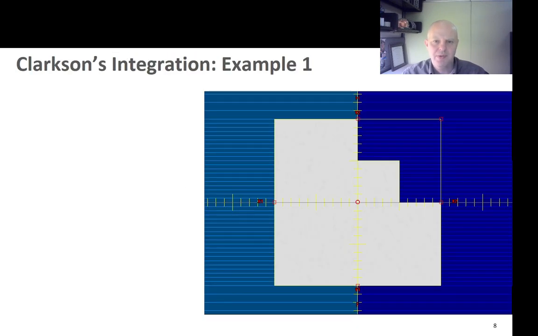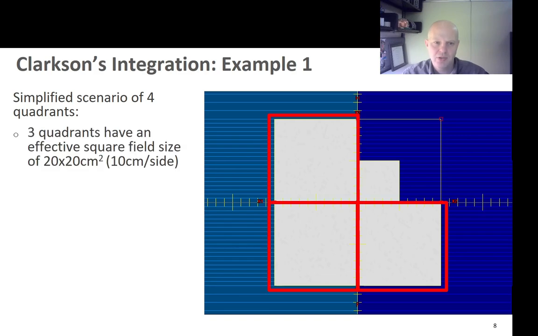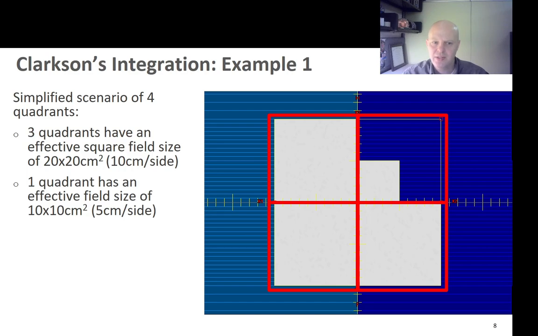Let's just look at a couple of examples. Here I've made a very simple example where we have 4 quadrants. You can see that 3 of those quadrants have an effective square field size of 20 by 20, so it's 10 cm on a side. And then the 4th quadrant has an effective field size of 10 by 10, so it's 5 cm on a side.